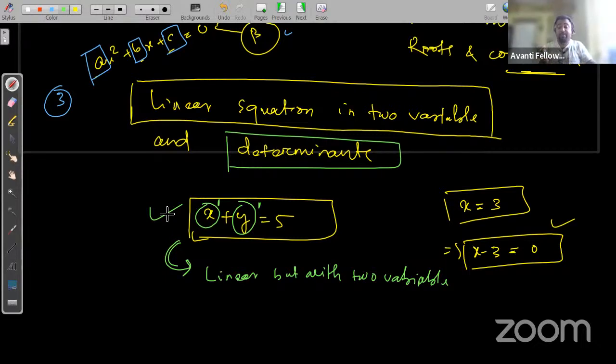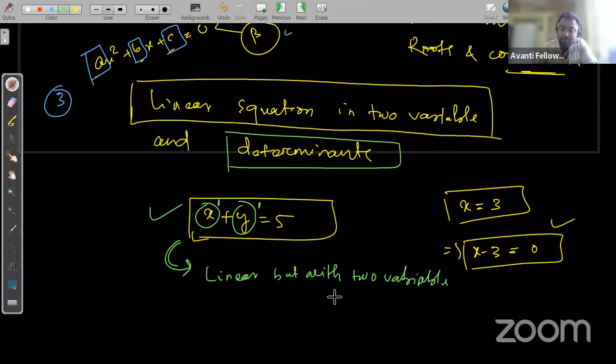But determinant is a very huge topic which will be covered in class 12th. The topic name is determinants and matrices, and the weightage of that topic is very high, because every year in JEE Mains and in every competitive examination, one or two questions come from determinants. At least one or at most two questions will come in JEE Mains, and those questions are very easy also.